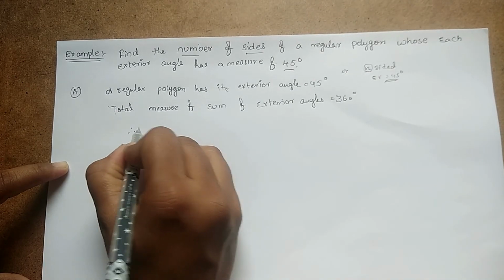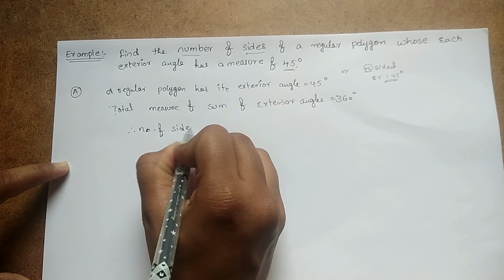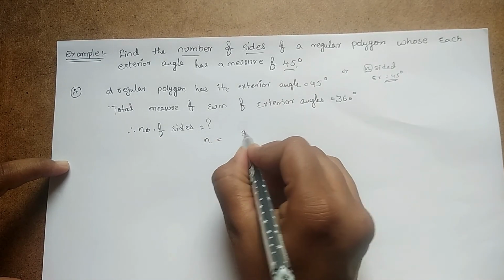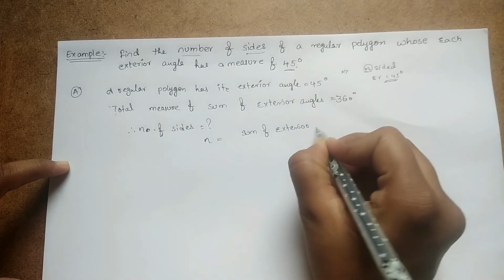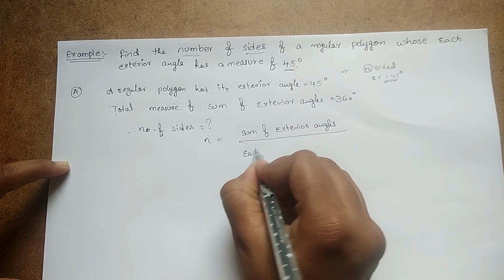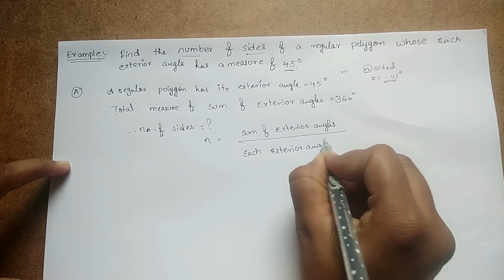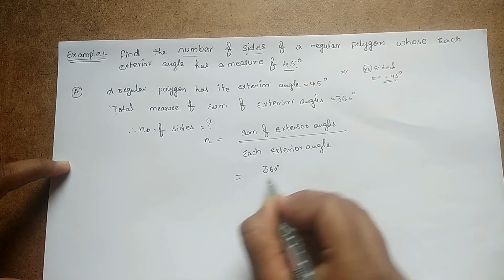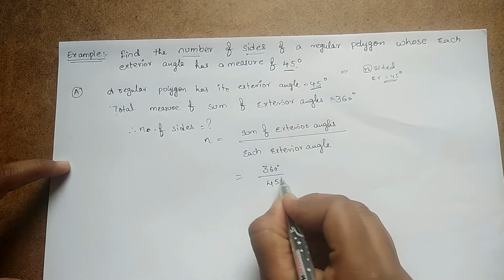We have to find the number of sides. So n is equal to the sum of exterior angles divided by each exterior angle. The sum of exterior angles in a polygon is 360 degrees, and each exterior angle is given, that is 45 degrees.